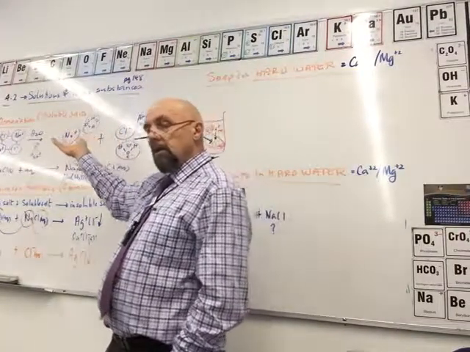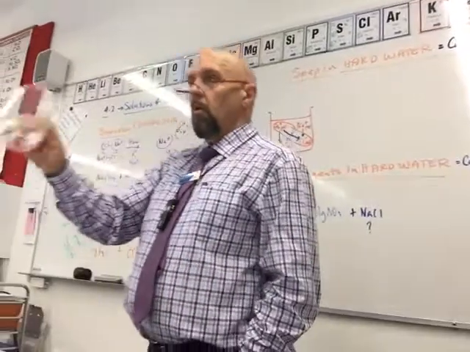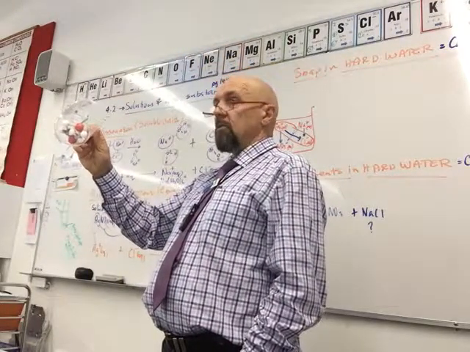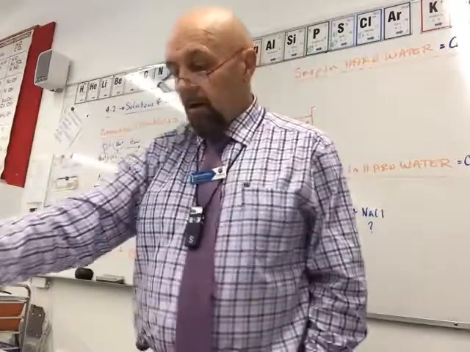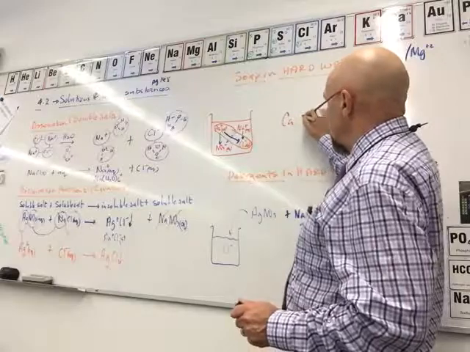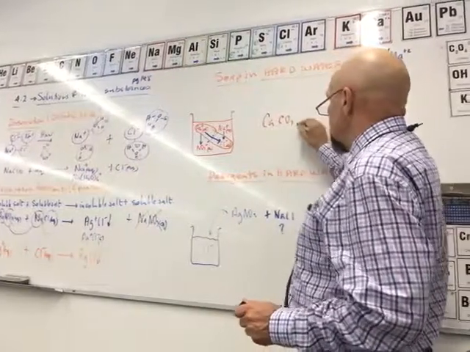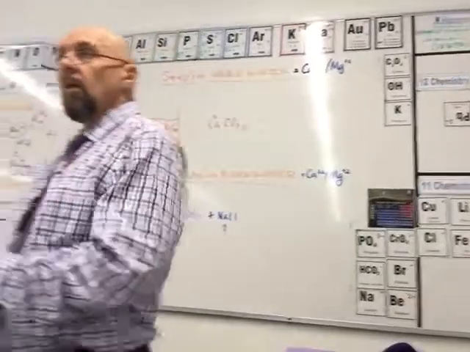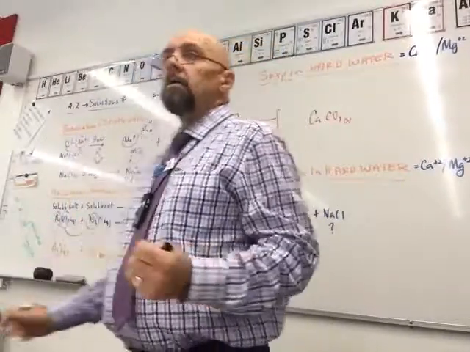What does it look like? Ions surrounded by water molecules. But you can only do that if it's a soluble salt. I had the example on the board a minute ago. I said, what about if I do it with calcium carbonate? Calcium carbonate is a solid. And if I look at my solubility table, all carbonates are insoluble.